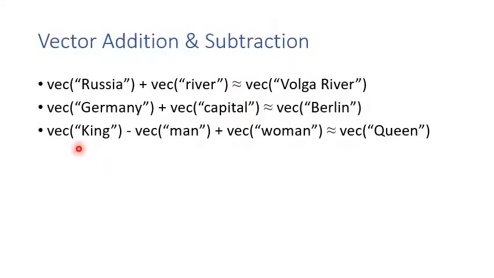The most famous example is that king minus man plus woman is close to queen, which means we remove the male part of the king and add woman, then it means queen. Those examples show that Word2vec somehow captures the semantic meaning of each word. That's why Word2vec is so popular.